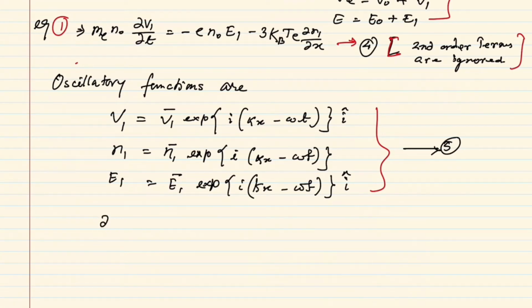We know that del by del t can be replaced by minus i omega. I have already explained why in lecture 15, so I am not going to repeat here. The del operator can be replaced by i k.